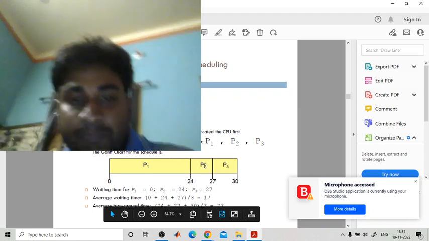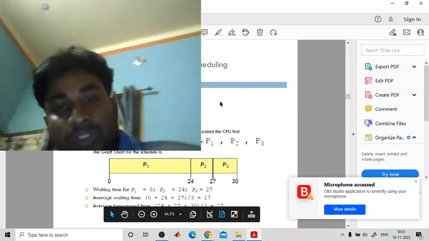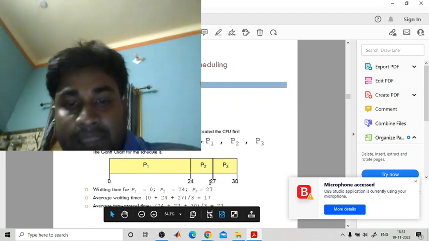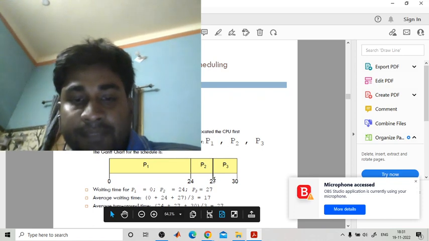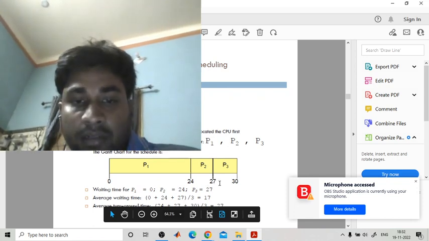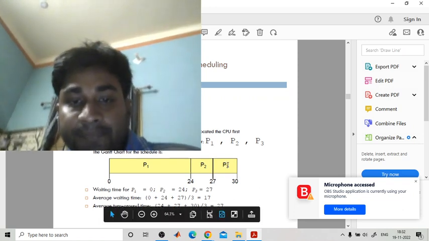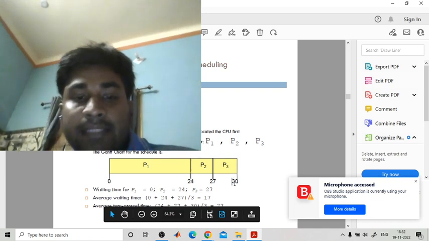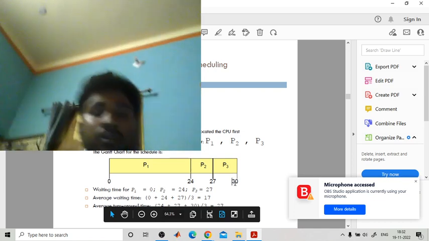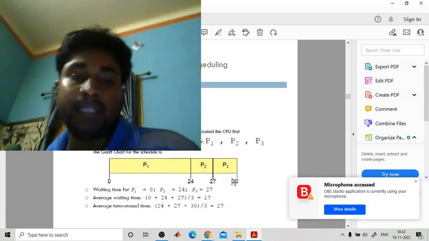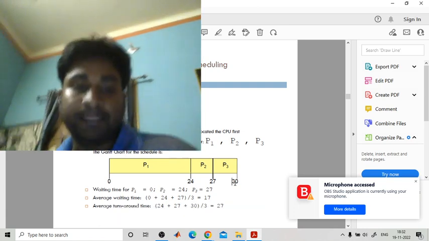For the process P2, it came at 0 and is leaving the ready queue at 27. That means 27 minus 0 will be the turnaround time. And P3 came at 0 and is leaving the ready queue at 30. So 30 minus 0 equal to 30 will be the turnaround time.